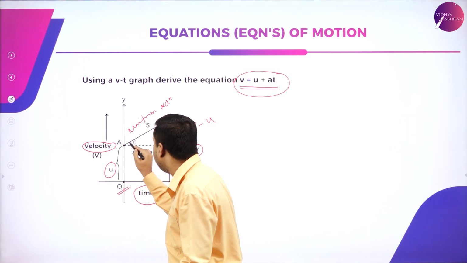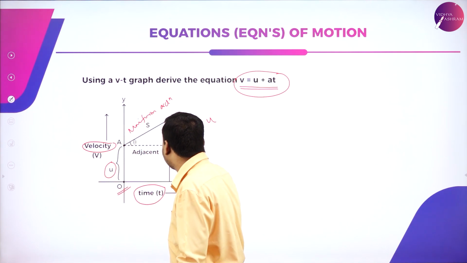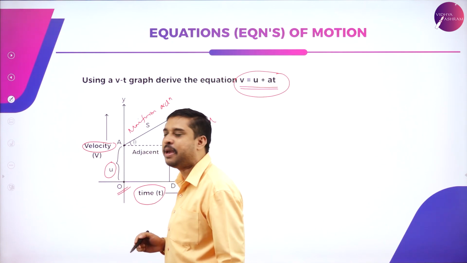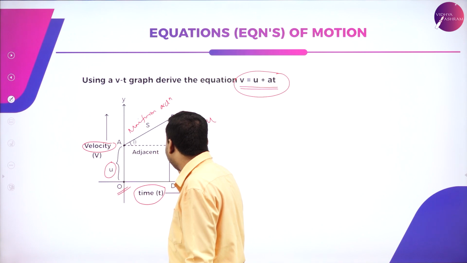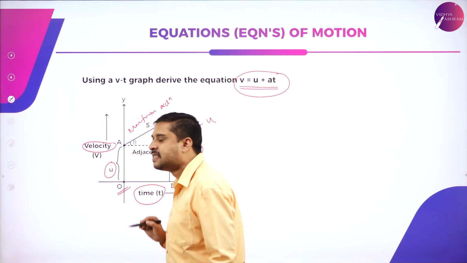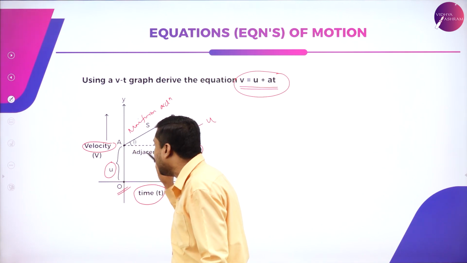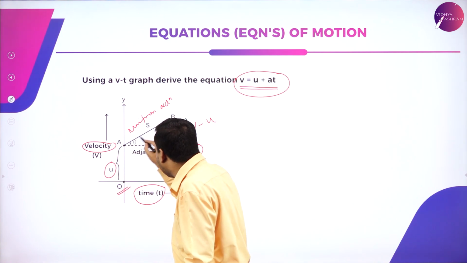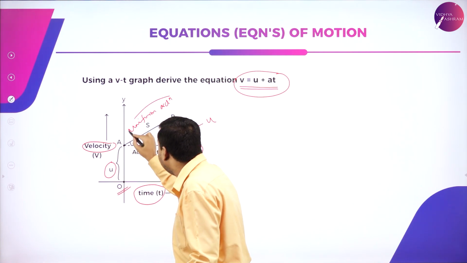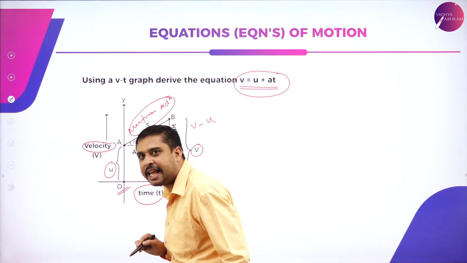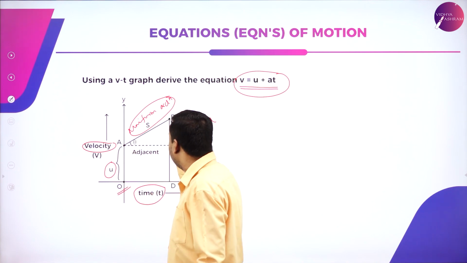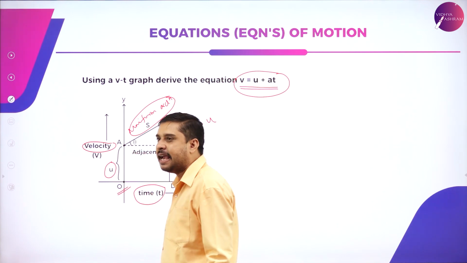So the tangent of AB: I have a right angle triangle with angle theta, and I have to find tan theta. BC by AC, opposite side by adjacent side. The slope of the straight line AB gives me uniform acceleration. The tangent of the line AB, which is BC by AC.